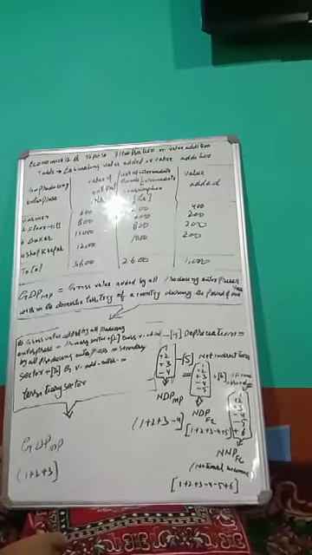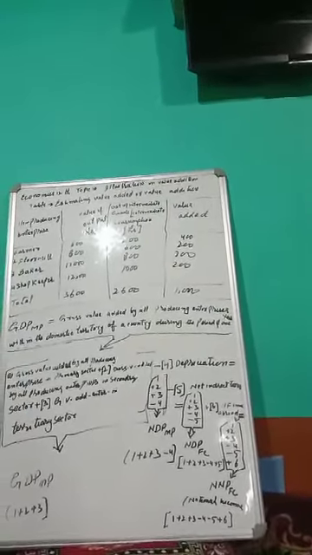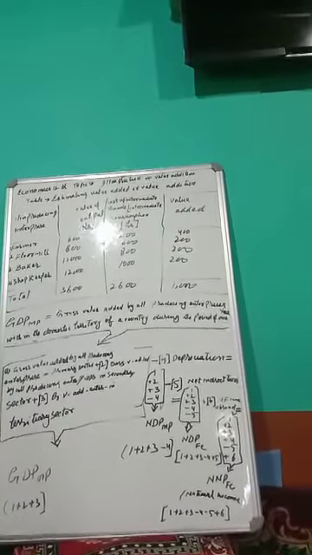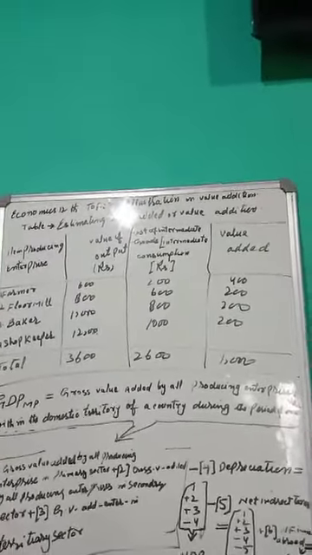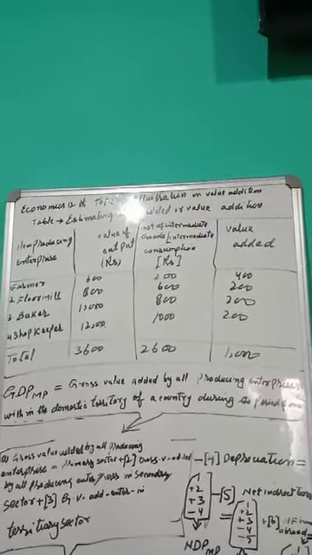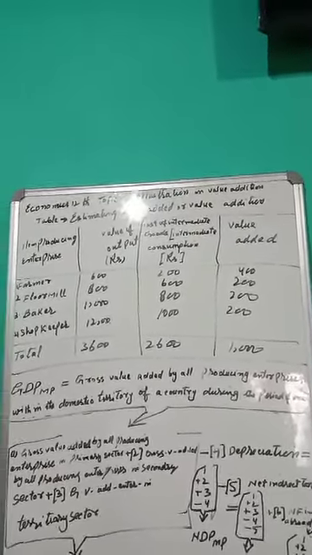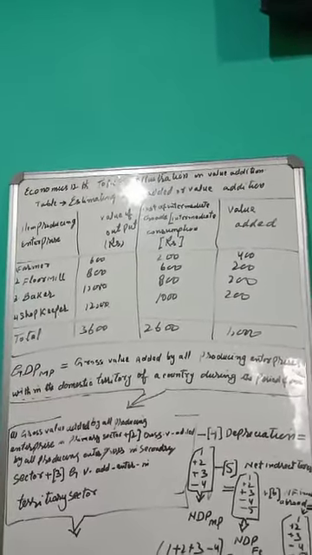So yesterday we discussed what is value addition, what is intermediate consumption, and what is change in stock. Now, today I will illustrate value addition with the help of this table.